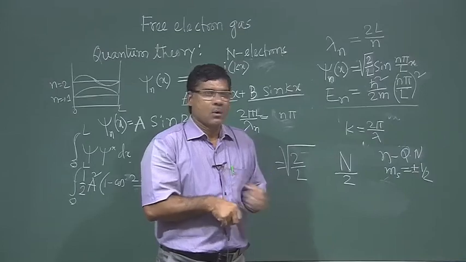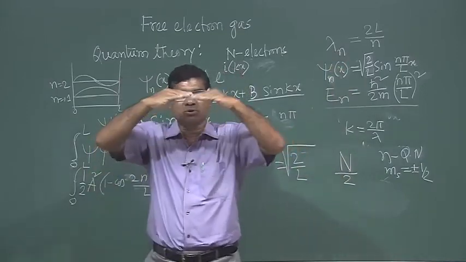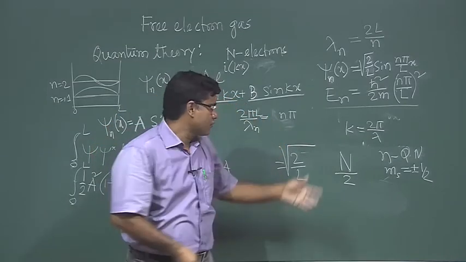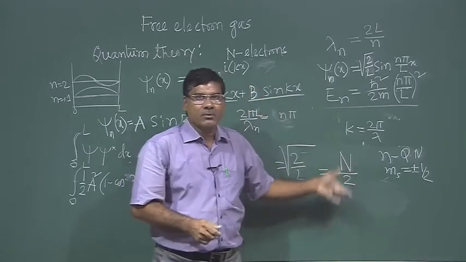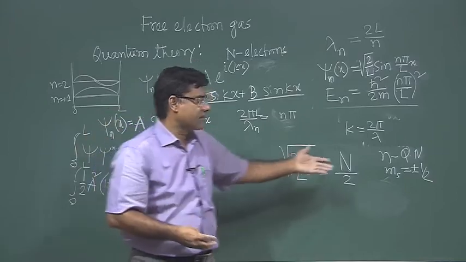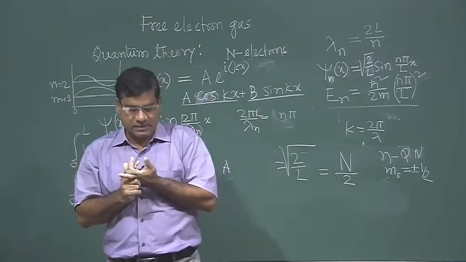So, what will be the uppermost filled level? It will be the uppermost filled level because I need N by 2 orbitals to put N electrons there, since in each orbital 2 electrons are there.